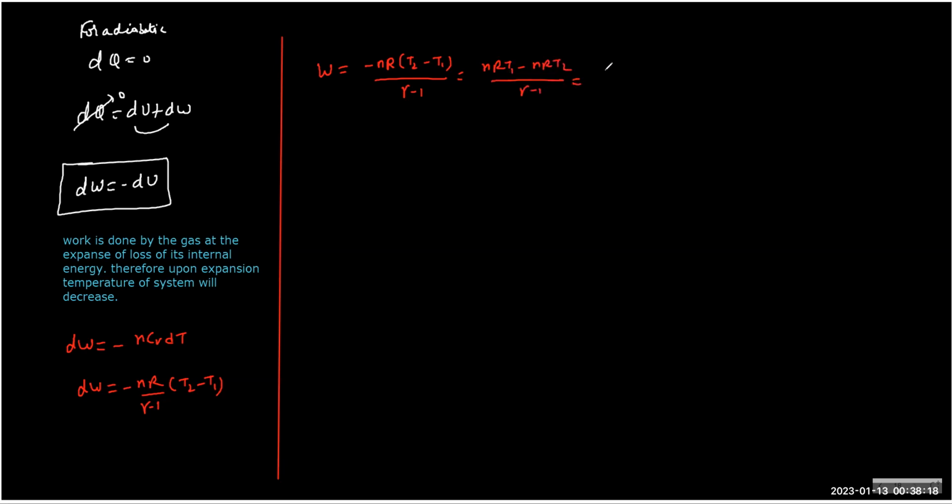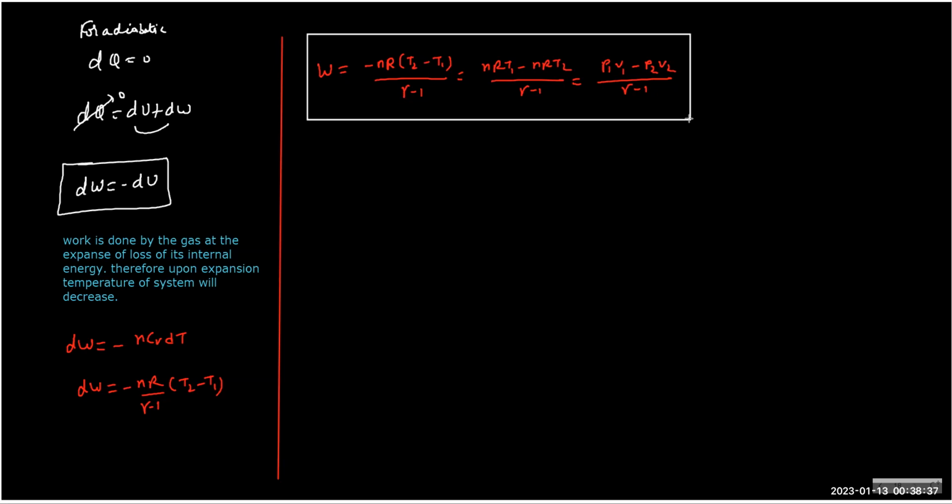And from the ideal gas equation, nRT1 is P1V1, and this is P2V2. So this is the answer. If you know the PV, you can express this way. If you know the temperature, you can write this way. So it is your choice. In adiabatic process, the work is very interesting because it's difficult for many students to remember. But if you remember that, a formula can give you answer directly.